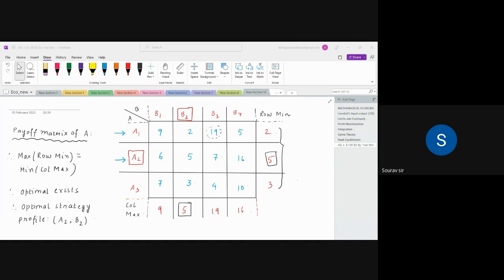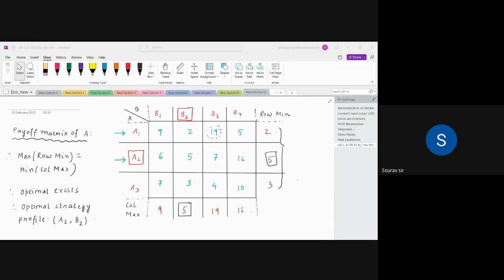Now what would player one's response be? He would try to get the maximum out of these minimums, because, having accounted for how player 2 will behave, now he has to decide what he should do. So having obtained the row minimums, he will try to get the maximum possible payoff out of these minimums.